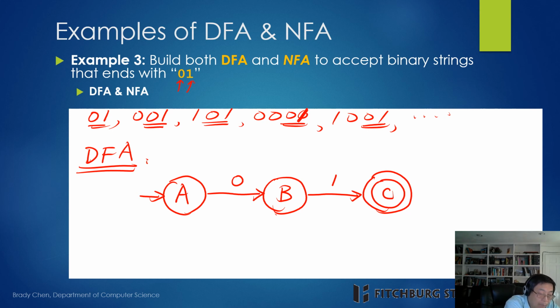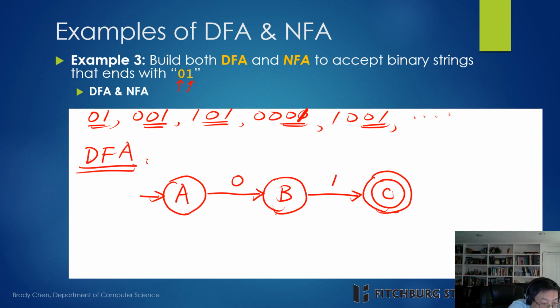Now remember, we have to build the next state for every input value, for each state. So let's look at each of the states. Now, if we are at state C, that's an accepting state.